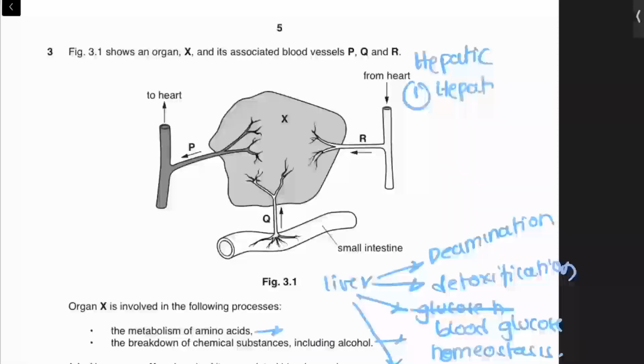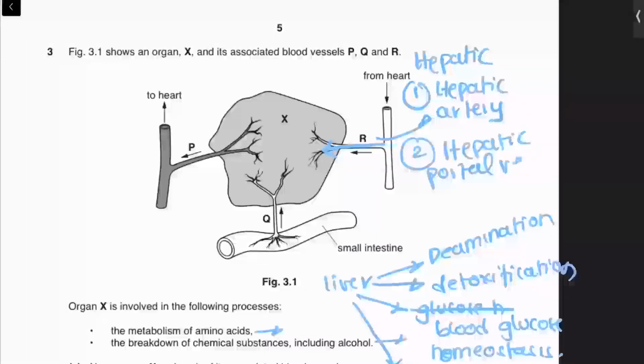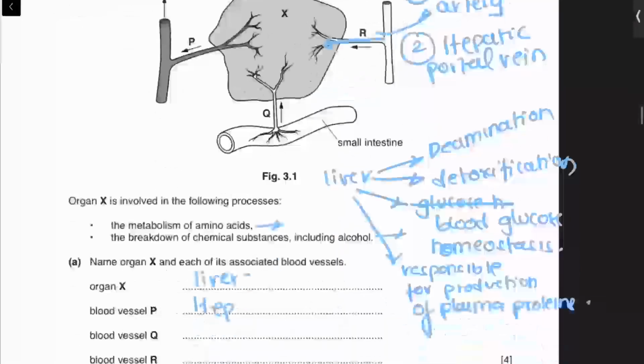The hepatic artery, which takes blood from the aorta directly to the liver. That is R, hepatic artery. The second is the hepatic portal vein, which takes blood from the alimentary canal, especially the intestine, to the liver. Alimentary canal is the digestive system. So Q is the hepatic portal vein, and P is the hepatic vein.